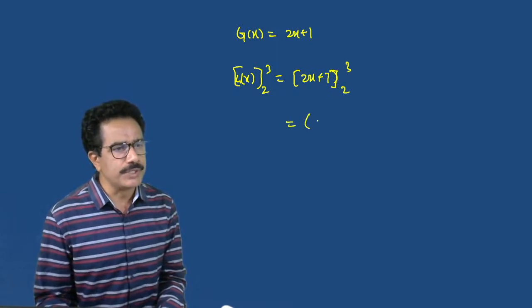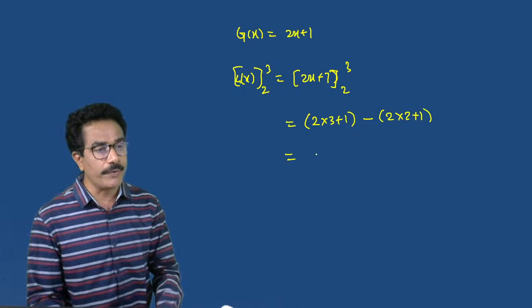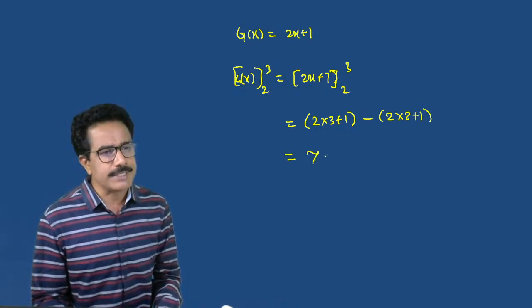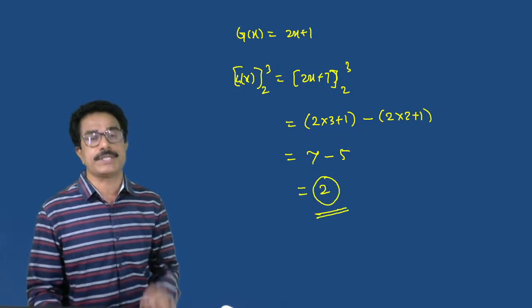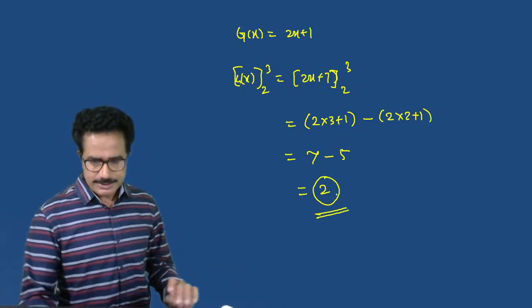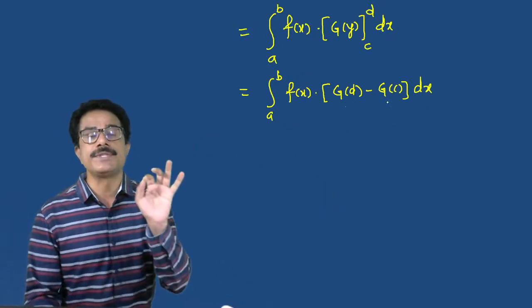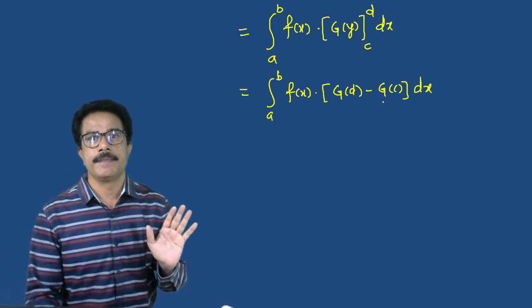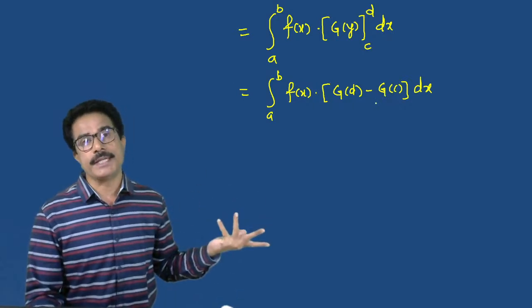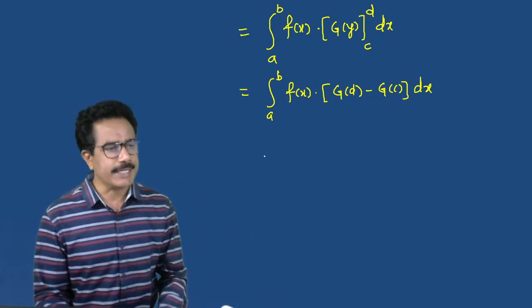We put 2 into 3 plus 1 minus 2 into 2 plus 1. Putting upper and lower limits, we get 7 minus 5, which is 2. So this term is constant. That means G of d minus G of c must be constant, so we can take it out of the integral. If there is any constant term with respect to x, we can take it out of the integral.